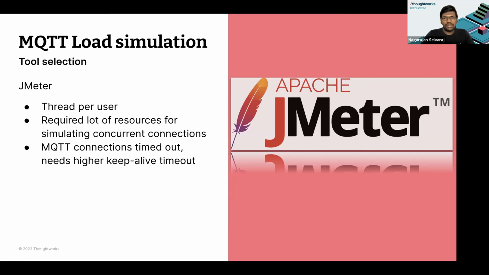With JMeter, we had around 1,000 devices modeled on a single machine, but it was not able to keep all the connections alive due to constraints in thread context switches. It required a lot of resources, and we had to set a higher keep-alive timeout, which is not an ideal value for us. So we had to move away from JMeter.